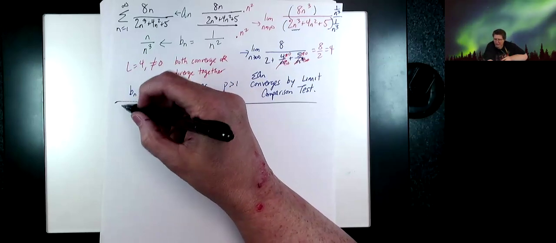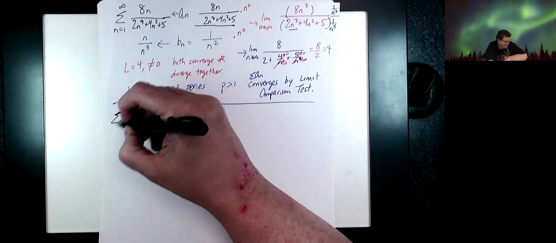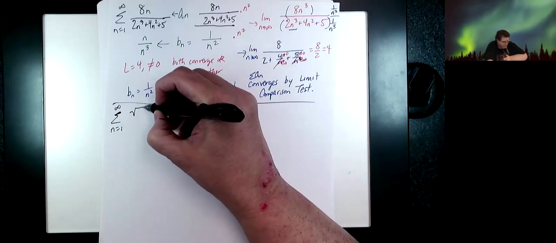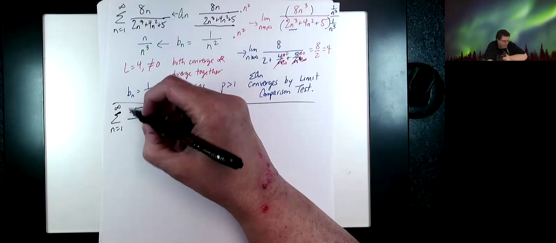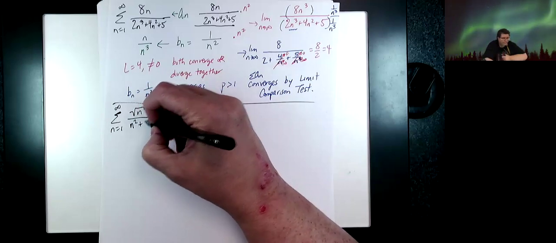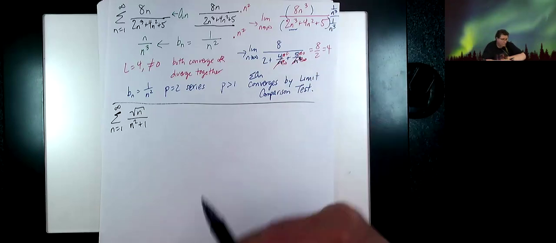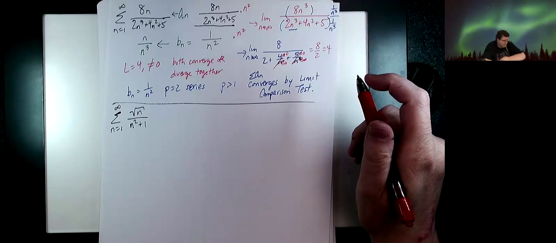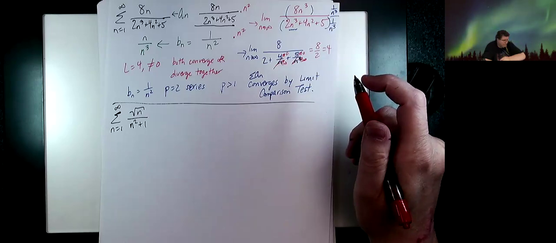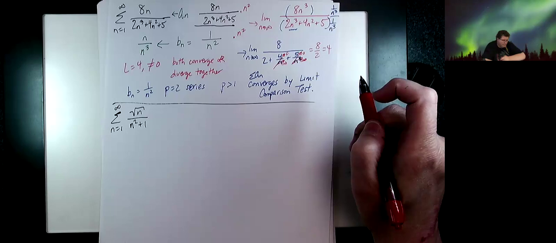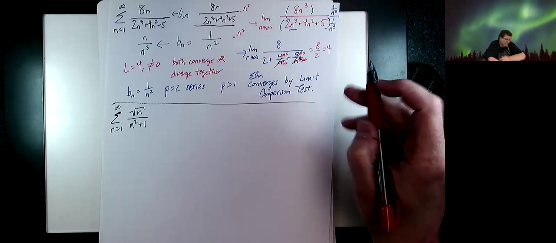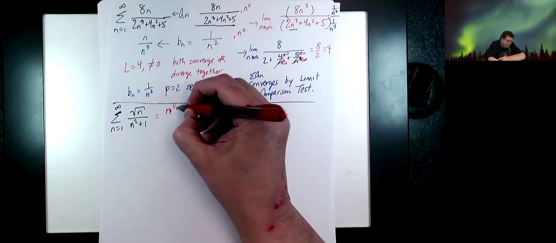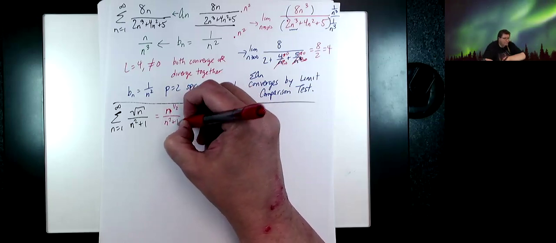So let's do, I'm tired of writing it, summation of n equals 1 to infinity, but we have to. We're doing square root of n over n squared plus 1. This might be a little bit easier if I rewrite that as n to the 1/2 over n squared plus 1.